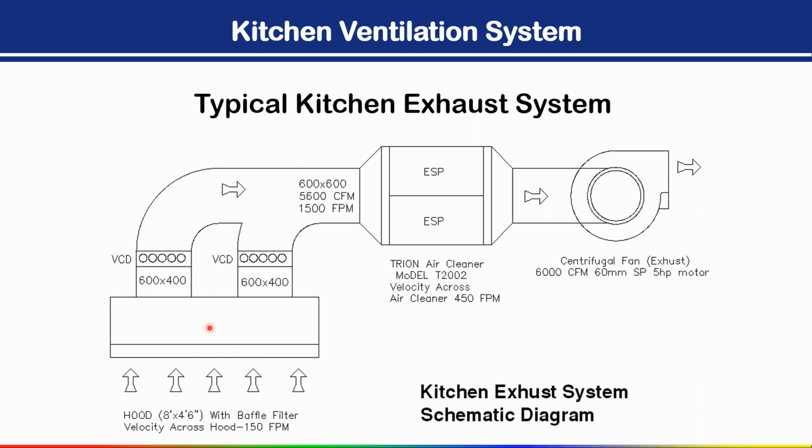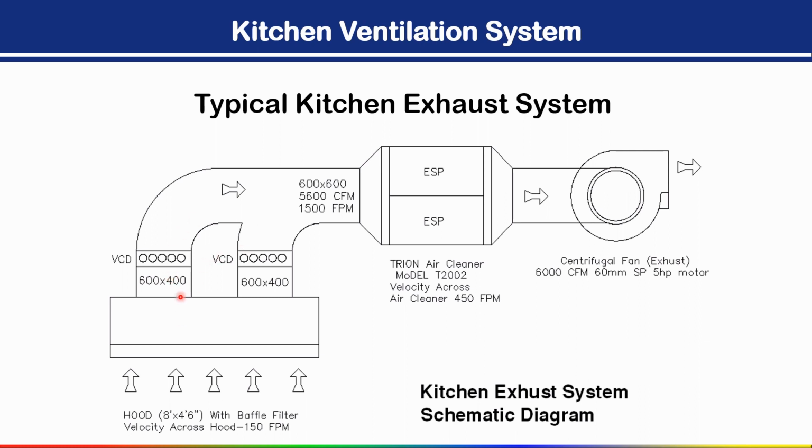Now here we have installed the duct. There are two branches, and at every branch we have to place a VCD, volume control damper. Why are we using a volume control damper? To control the flow of exhaust air. As per your requirement you can increase or decrease that flow rate.